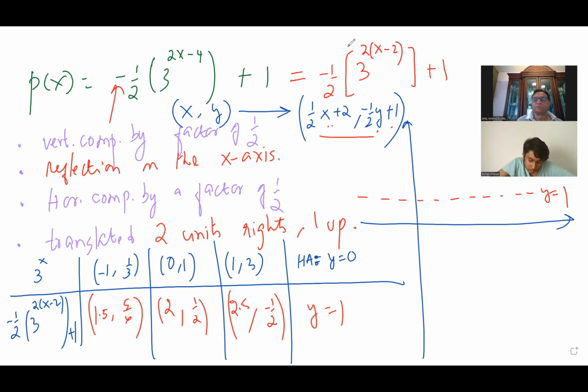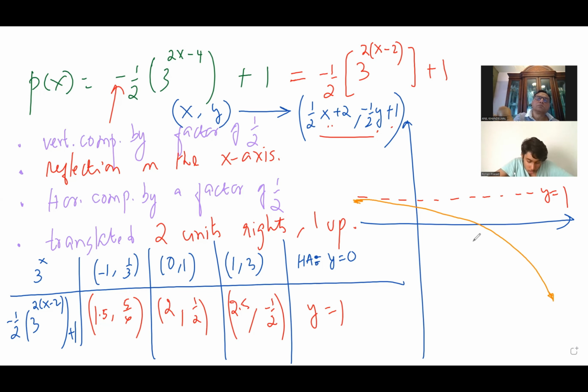So if it's starting at 2 units, 2 units generate 1 unit up. So this is where it is.